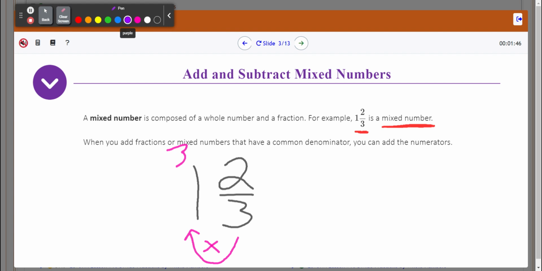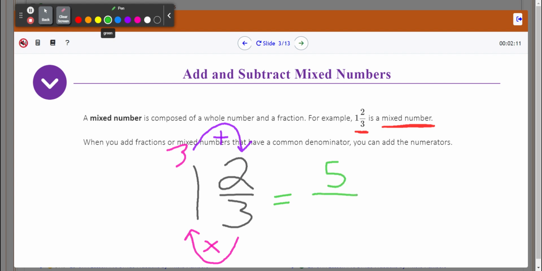Step 2, add that number, 3, to your numerator. Not multiply. You're going to add those two numbers together. So you take your answer 3 and add it to 2 and you get 5. That is your new numerator.